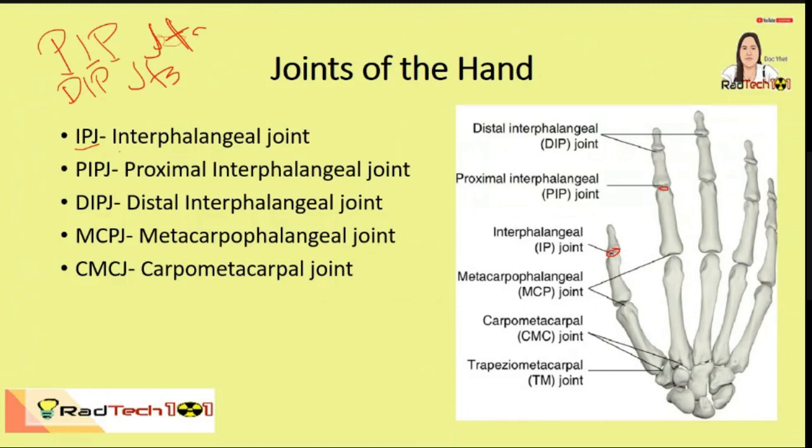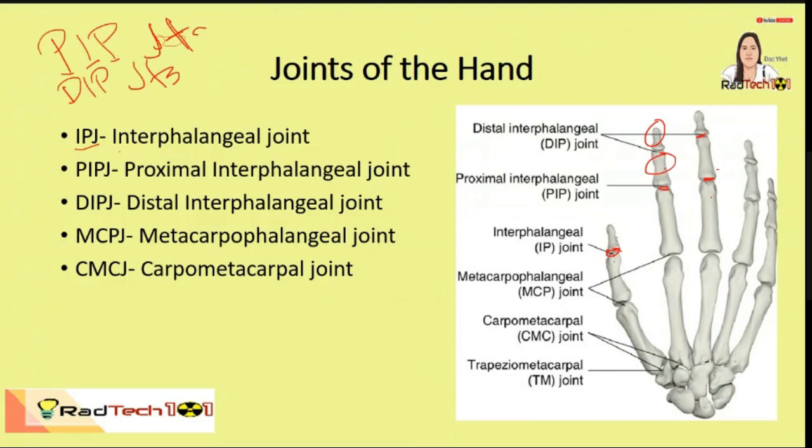Kinoconnect niya yung proximal phalanx to the middle phalanx. Or, in this case, kinoconnect niya ito din, proximal phalanx and the middle phalanx. So ito, kinoconnect niya yung proximal phalanx sa distal phalanx. Then we have the distal interphalangeal joint. So ito siya. Kinoconnect yung distal phalanx sa middle phalanx.